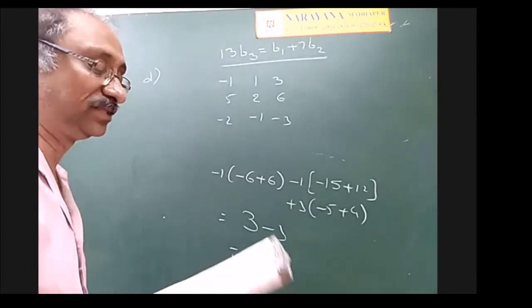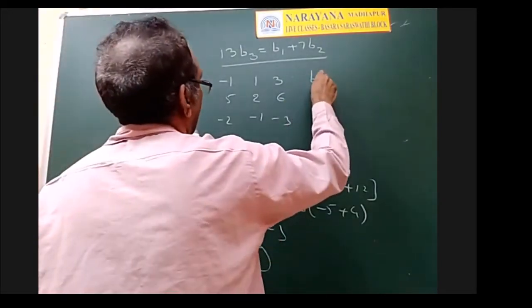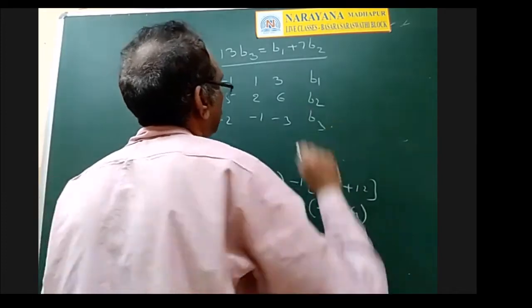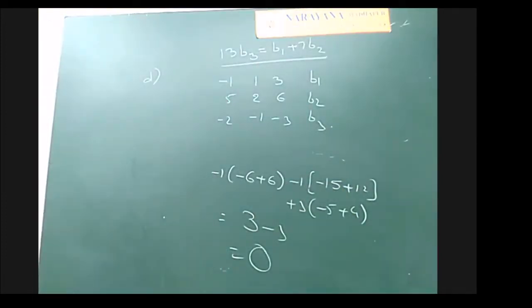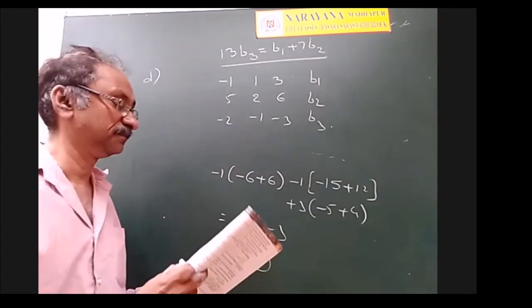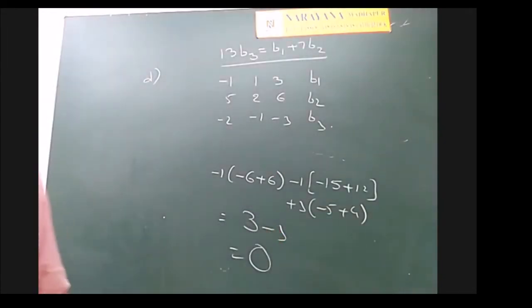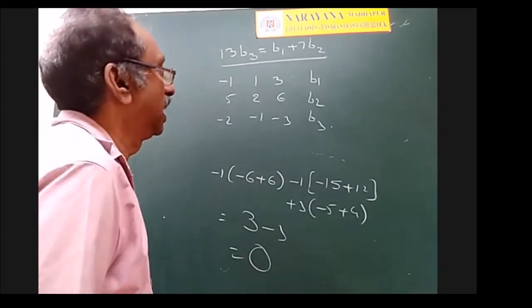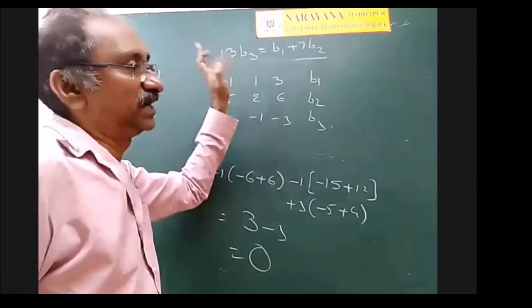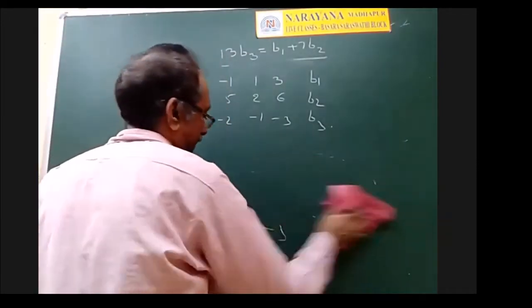Now if I write the full equation, the right-hand sides are B1, B2, B3. Is it B1, B2, B3 only? Yes, there are no other terms. And therefore, it should satisfy the condition, then the problem is okay.